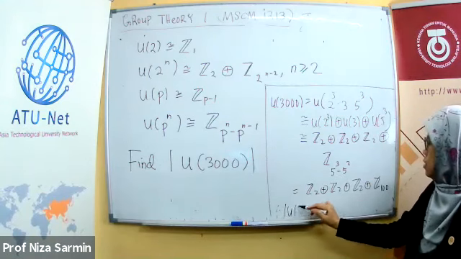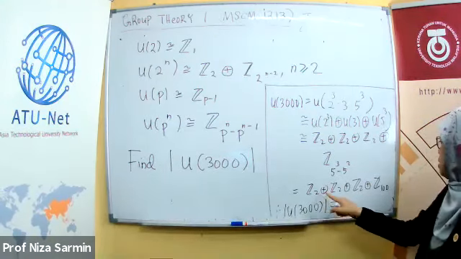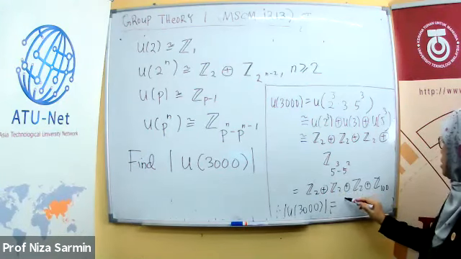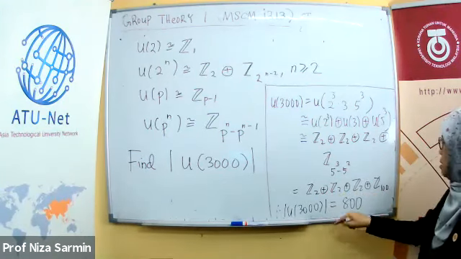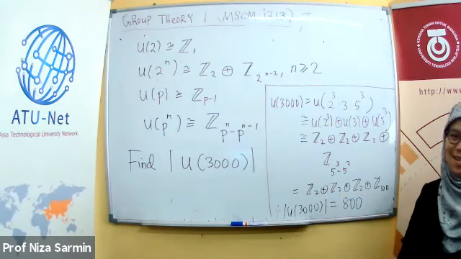So U3000 equals 800. Please double check my calculation.